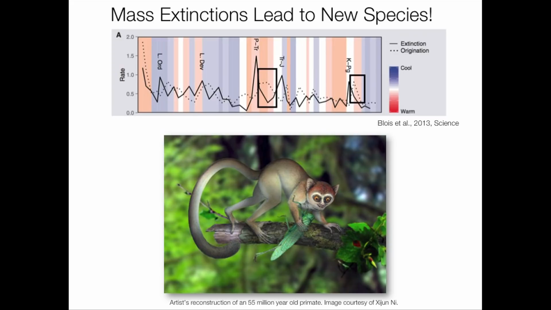And one of the clades that appears after the KPG in this burst of origination are primates. So this is a reconstruction of a 55 million year old primate, about 10 million years after this KPG mass extinction. Okay, so if not for this extinction event, primates may never have evolved.